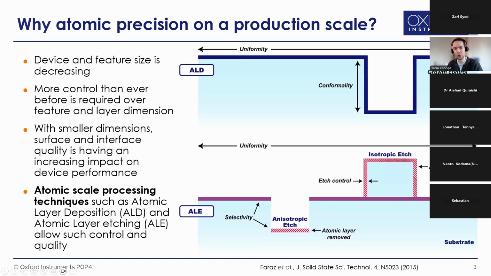And even though it's over a large area, you actually want to have very good control, so removing on the nanometer scale every time the same amount, so growth control, etch control, having the same properties in 3D structures. For etching, having good selectivity, and then for etching, we can even distinguish between anisotropic, so only in the vertical direction, and isotropic.